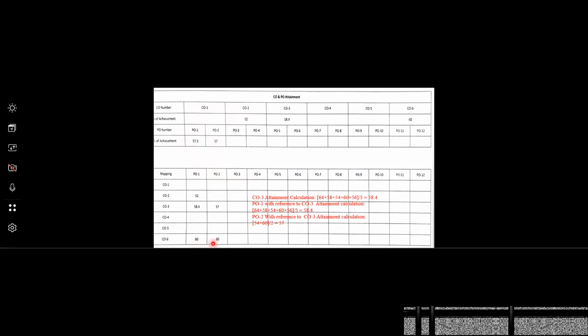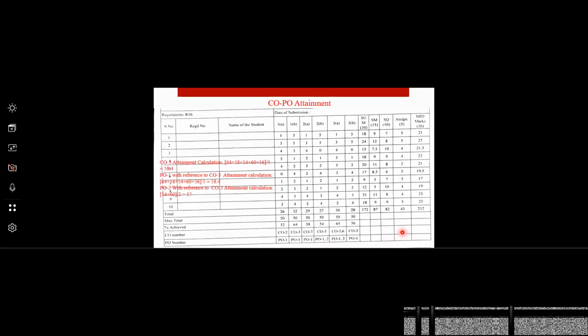Okay, this you can see from the previous slide. Yeah, you can see. Okay, in this CO2, CO3 is mapped to PO1. Okay, 1B question. You can see 1B question is CO3 is mapped to PO1, and so on. You can see PO1 is everywhere.